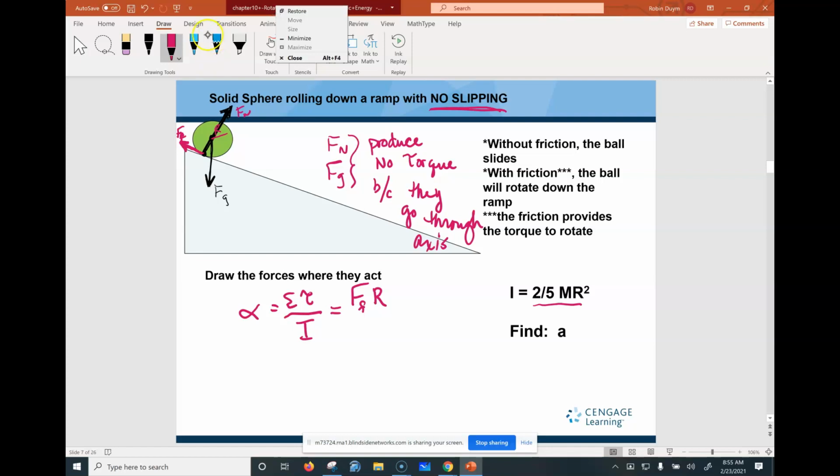Because if I want to find that lever arm, I'm going to go from the axis of rotation down to where it acts, and it's already nice and 90 degrees. We love it. So force friction, and then over my moment of inertia, which is 2/5 mr squared.